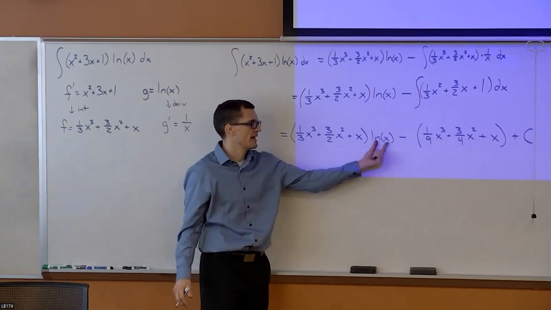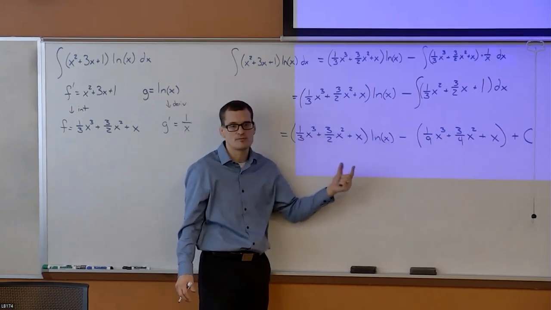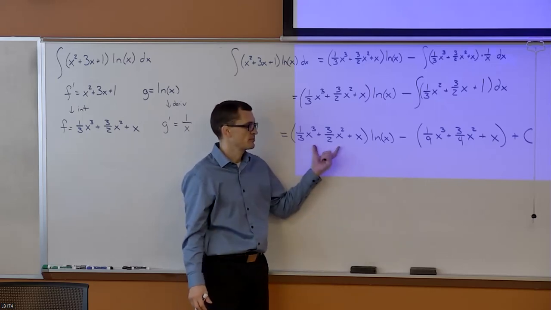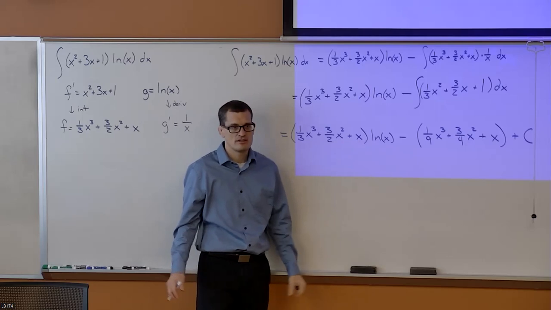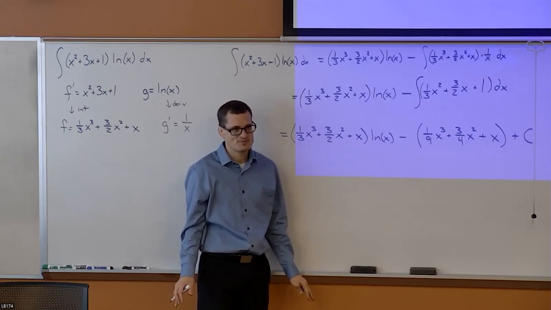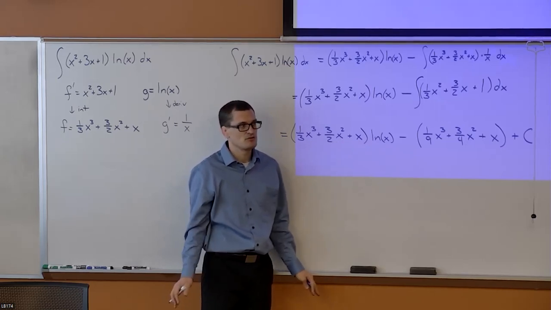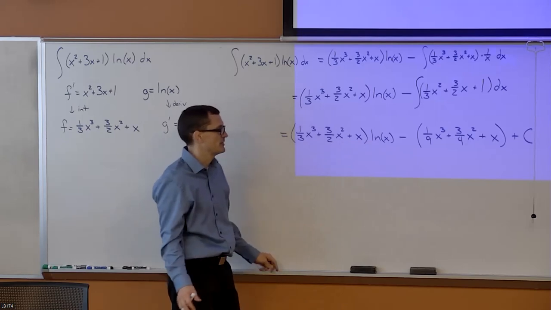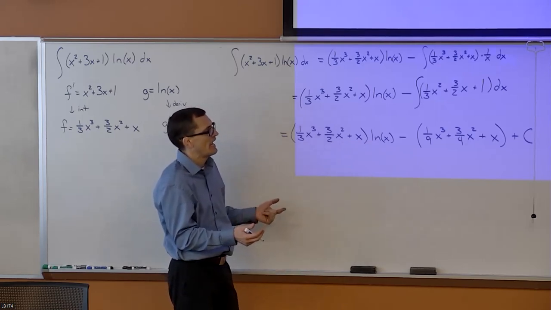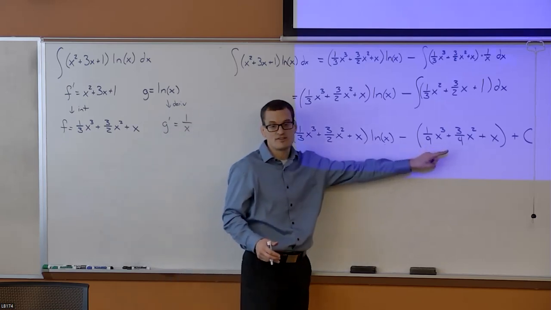If you wanted to multiply natural log times all three of these terms, that's fine. If you want to leave it as this polynomial in parentheses times natural log, that's fine too. However, do not, and I just mention this because I've seen it, a lot of people will do the integration on their homework and then forget the parentheses.